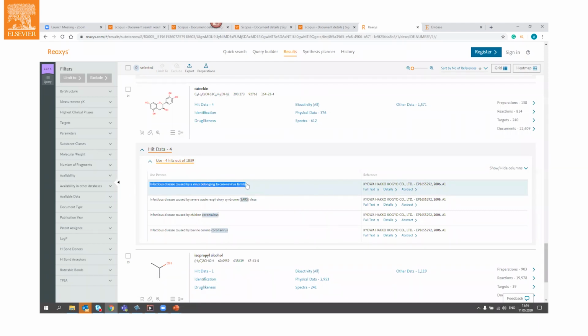So, for example, you see catechin has patents for infectious disease caused by a virus belonging to the coronavirus family. So it makes no sense even to try it, because 20 years from this patent have not expired.